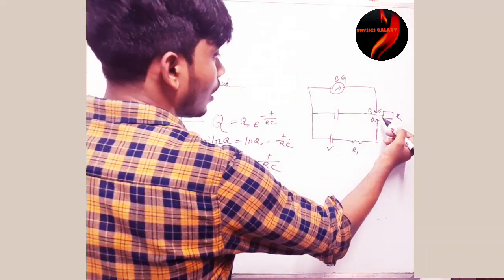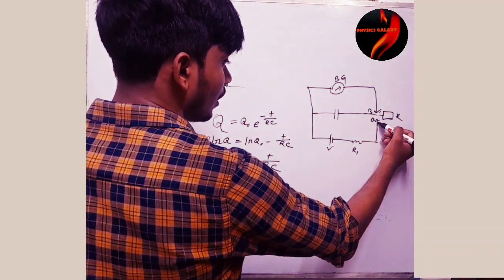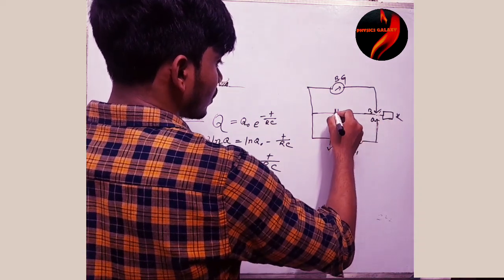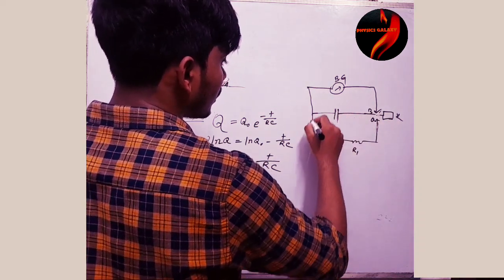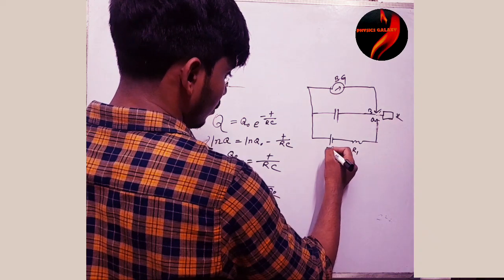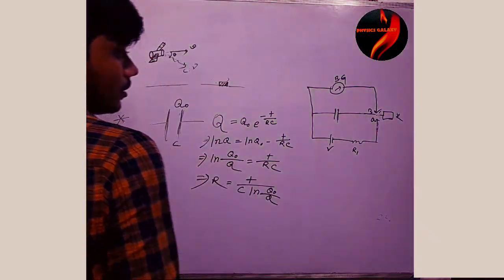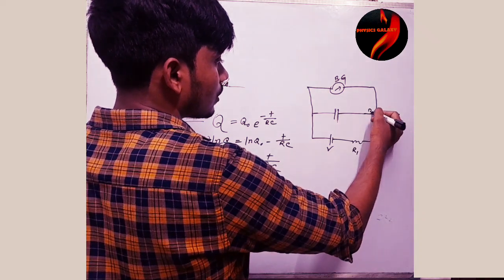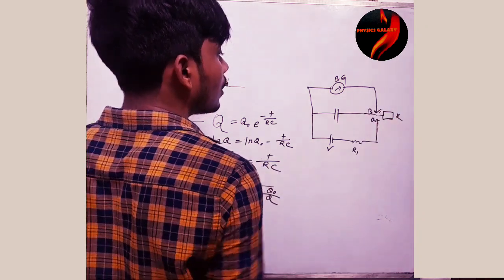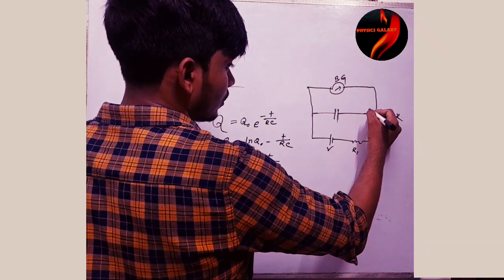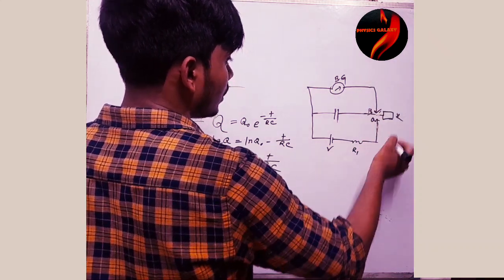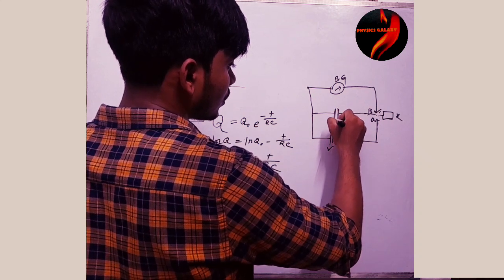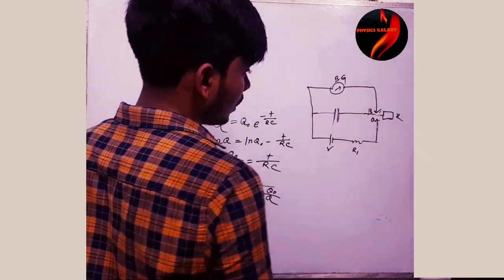Initially I connect this key at the terminal A, and at that moment this capacitor gets charged from the battery. Then we connect this key at the terminal B, and the capacitor discharges through the ballistic galvanometer.